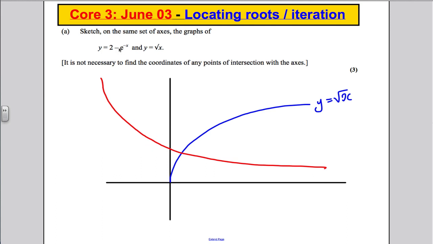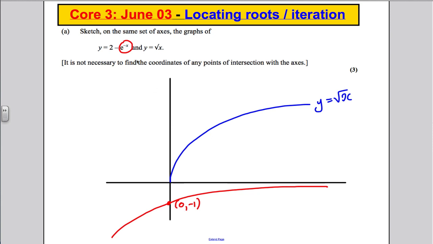But we're not even asked for e to the negative x, we're asked for the negative of this. So actually, negative e to the negative x would look something like this, crossing in theory at 0, minus 1.